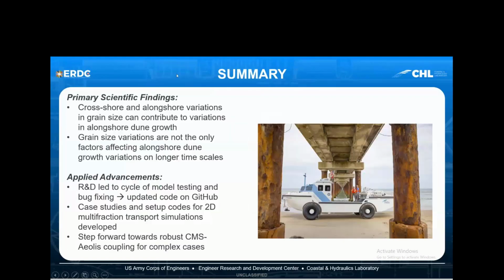So in summary, we were looking at the cross-shore and alongshore variations in grain size and the influence that they have on variations in dune growth in the alongshore. We can see that these variations in grain size can contribute to the variations in alongshore dune growth, but grain size is probably not the only factor affecting these alongshore growth variations on a longer time scale.